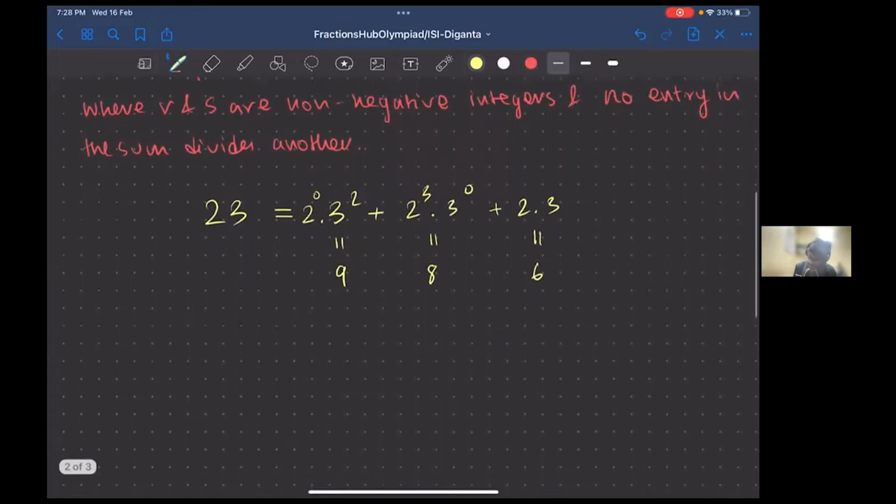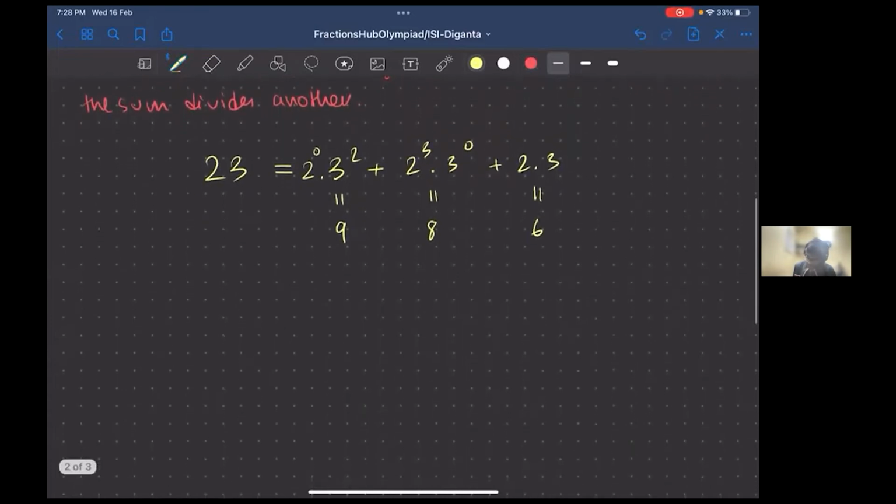Right? Similarly, you can try it out for other numbers like 2, 3, 4, 5. These are all trivial. 5 is 2 plus 3, 6 is 2 times 3, 7 is 2 squared plus 3, and so on. So these are examples.